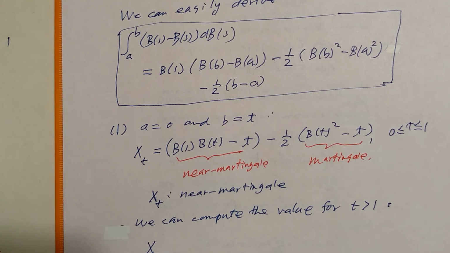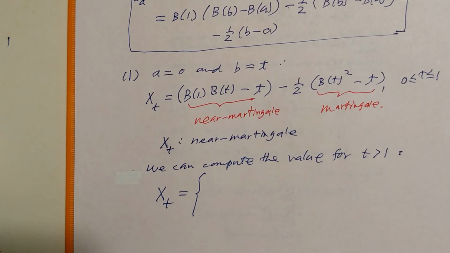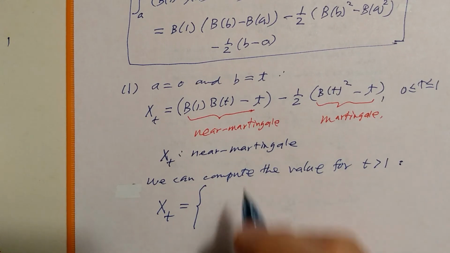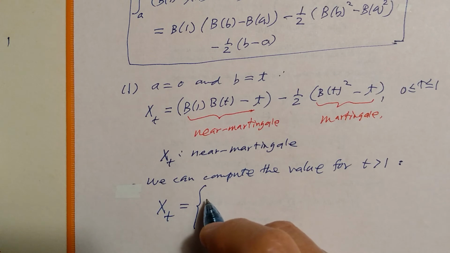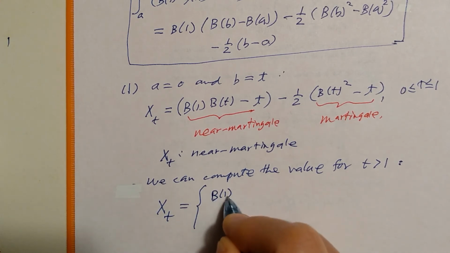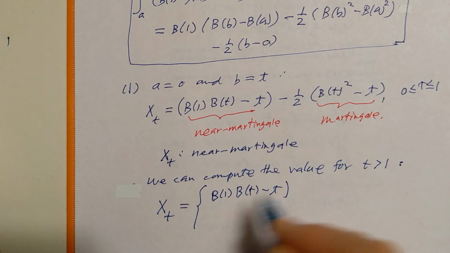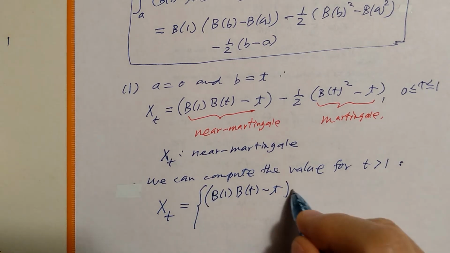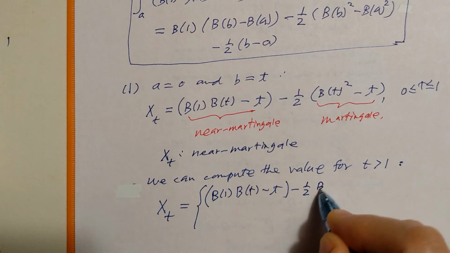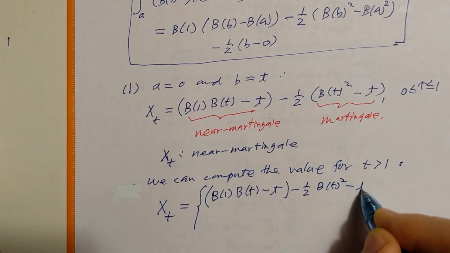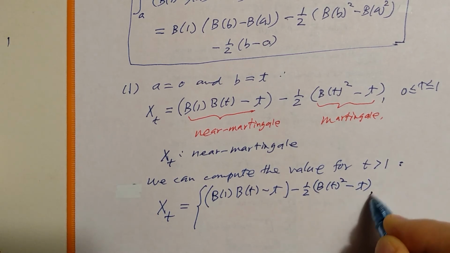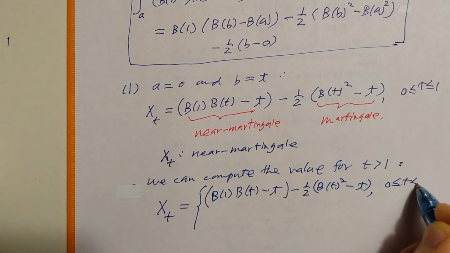And then we get X of t equals B1 (Bt minus t) minus 1/2 (Bt squared minus t). This is for t between 0 and 1.